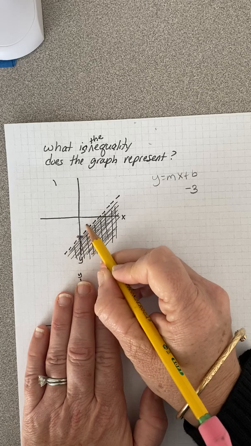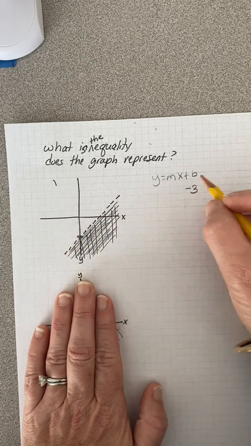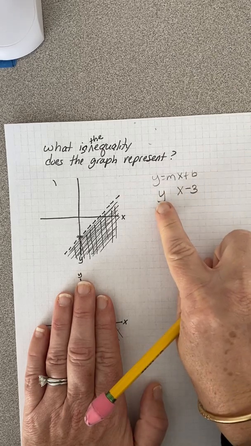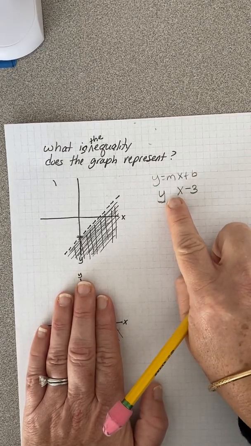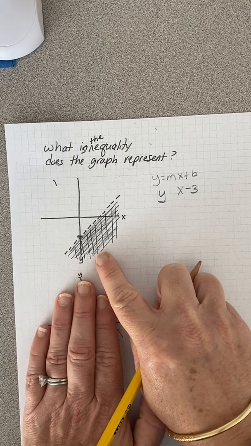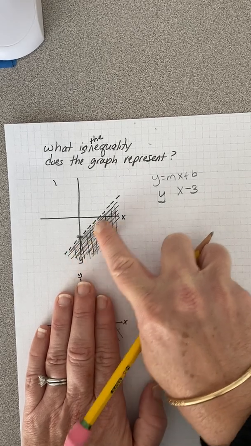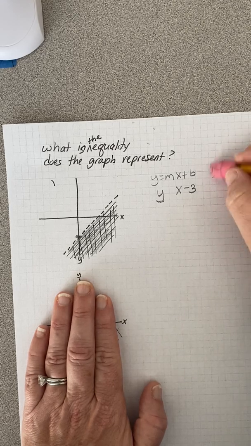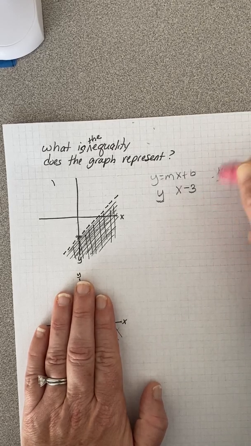The slope is 1. I'm sorry, I keep having a slope of 1 today. Now, I have y. I know this is not going to be an equal sign because I do have shading in. I know it's a dotted line, so it's either going to look like less than or greater than. We're not going to have the line underneath, and we have to figure out which one it is.